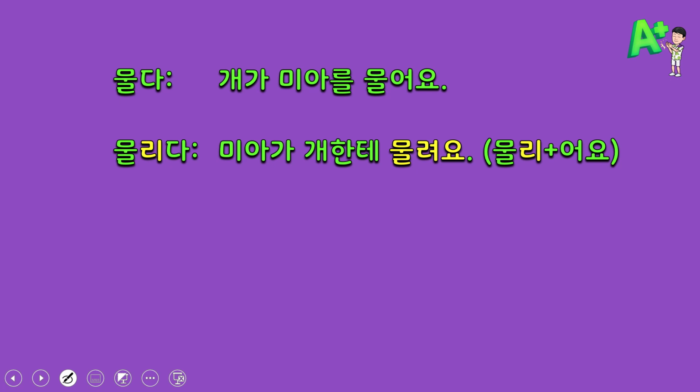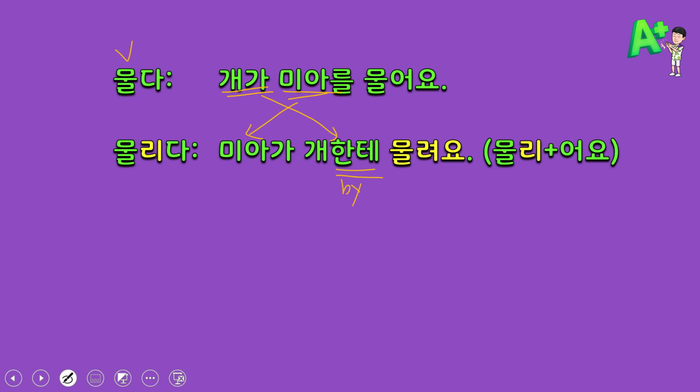Here, 물다 is to bite. The object in the active voice became the subject, and the subject in the active voice is placed after the subject with the postposition 한테. So here it is like by in English.